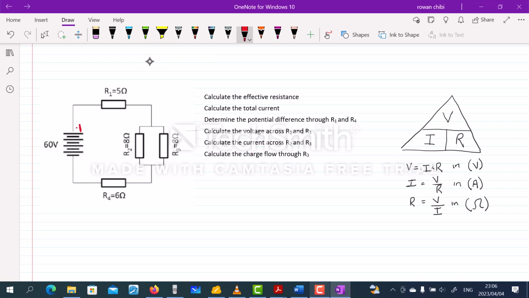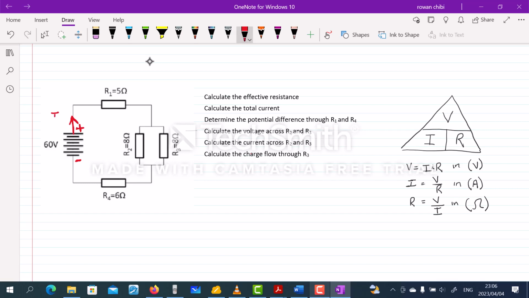This is the positive side. This is the negative side. The longer side is the positive side. The shorter side is the negative side. So your current will come this way, from this side of the battery. We call that the conventional current.